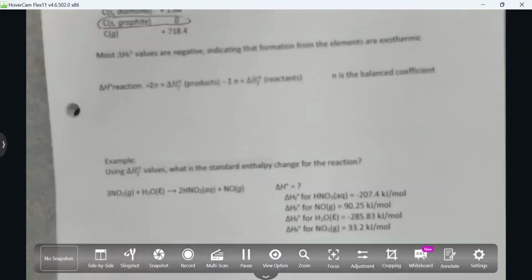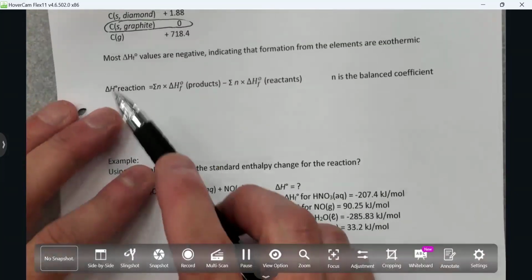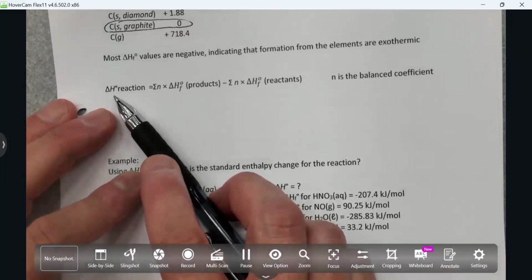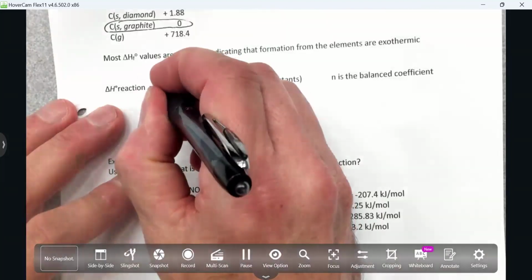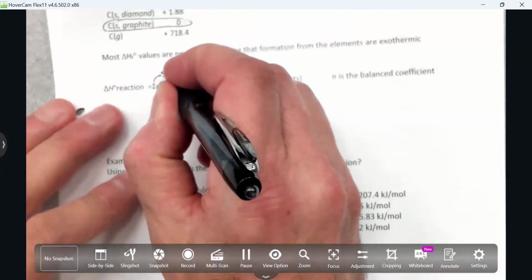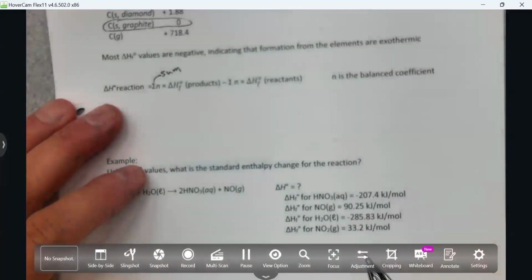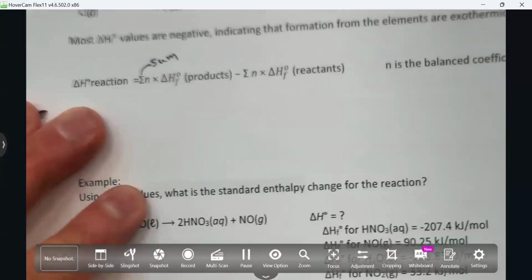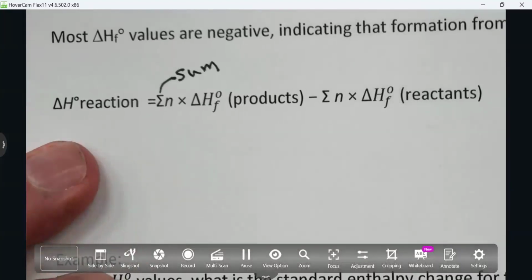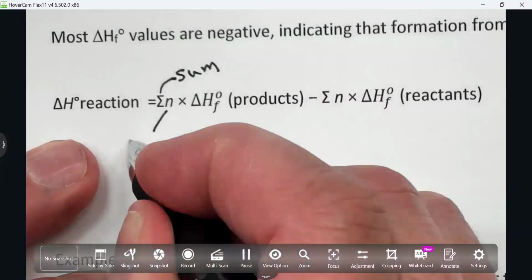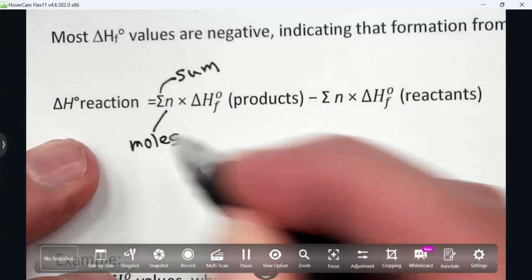Now, how do you do this? To calculate this, this is my summation, right? That's a summation symbol in mathematics. This is my moles.